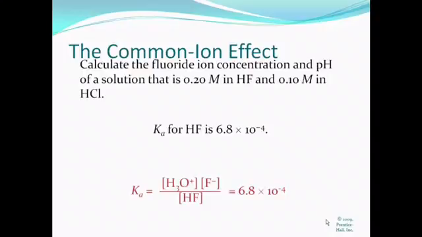Alright, so HF is a weak acid. HCl is a strong acid. HF will only partially ionize because it's a weak acid, so that's the one we're going to have to concentrate on. You should look up the Ka value for HF.